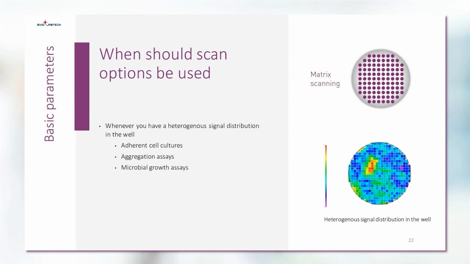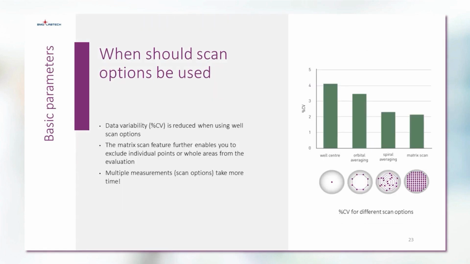This is, of course, beneficial for adherent cell cultures, but also for other heterogeneous samples, like, for example, aggregation assays or microbial growth assays. When using the matrix scan that I just showed, you can even decide to exclude single measurement points or whole areas from your measurement after the measurement has been done. Next to the matrix scan, we also offer spiral averaging or orbital averaging.